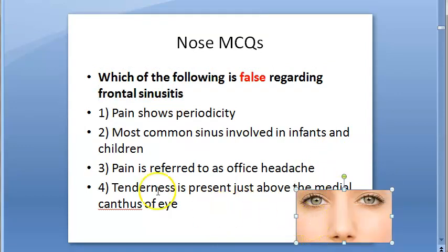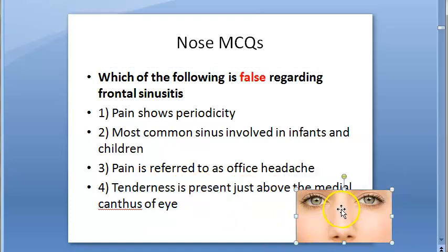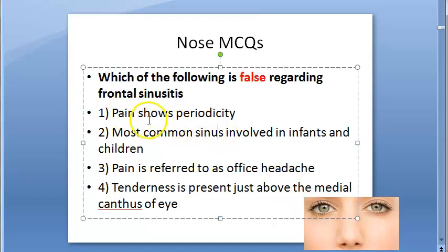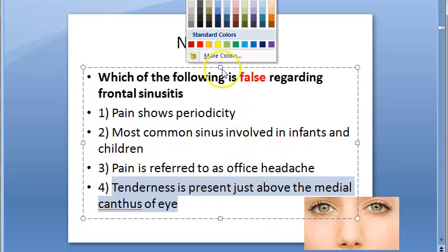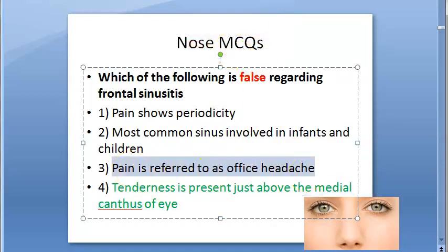And then, tenderness is present just above the medial canthus of the eye. So, let us see, this is a false statement they are asking. So, 3 statements should be correct, isn't it? So, let us see what. Tenderness is present just above the medial canthus of the eye. Sounds about right. We will think that this is right, okay. Pain is referred to as office headache.